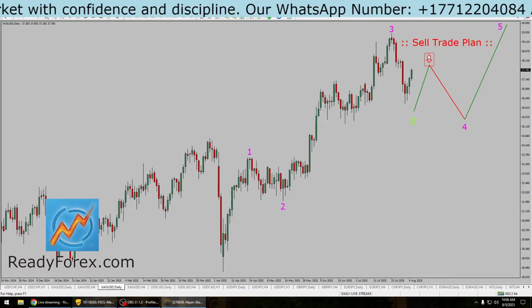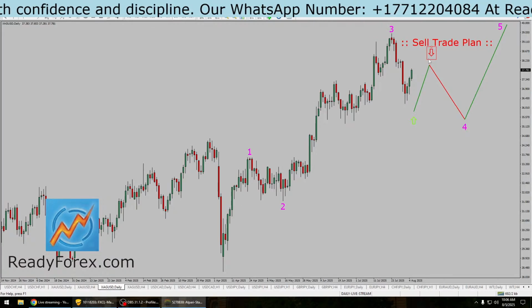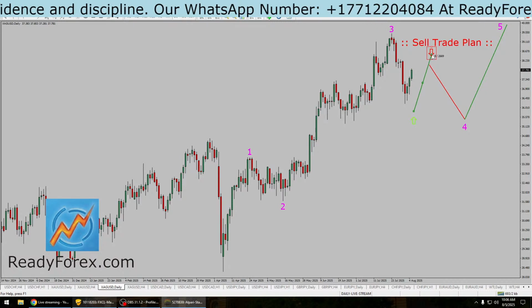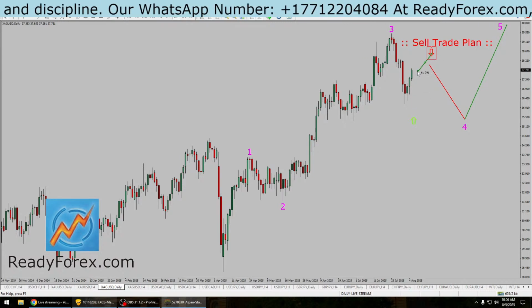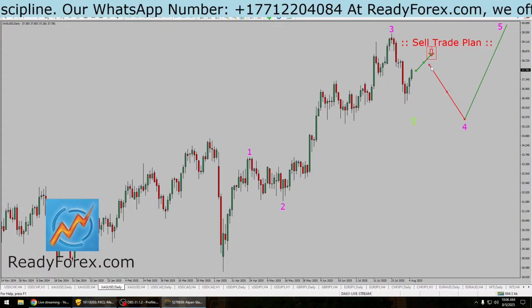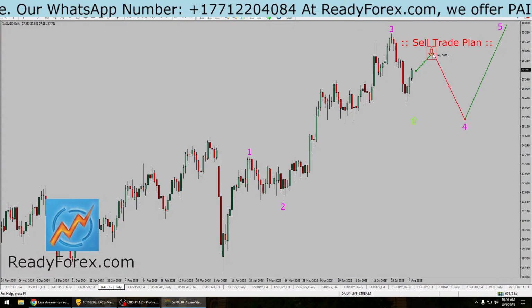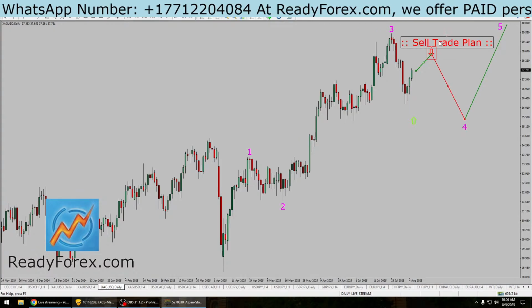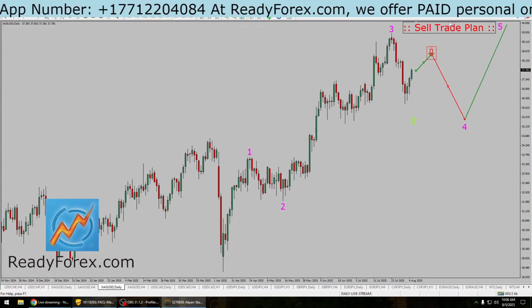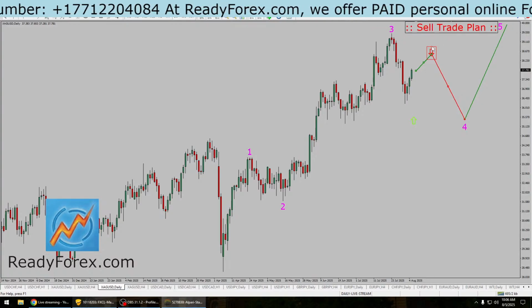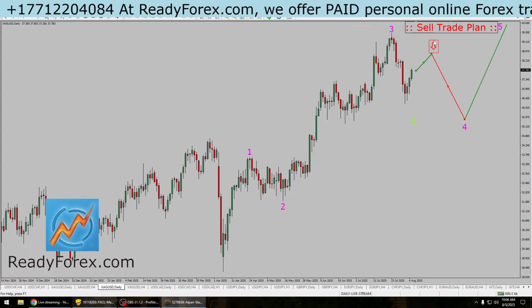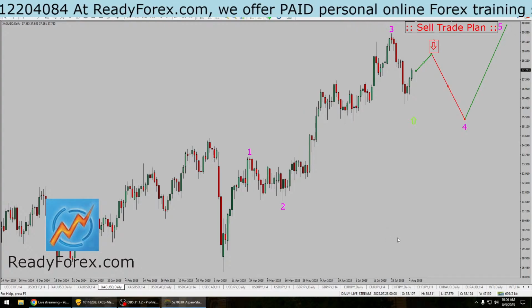Same story. Now I do have a sell trade plan, but I want the price action to go up a little bit more. Then we might look for some sort of a sell trade up there, but for the time being, price action just keeps going up. So you need to wait outside, or you can look for a buy trading opportunity.